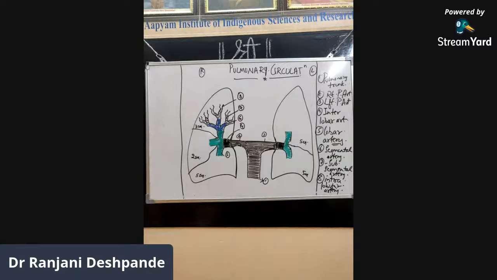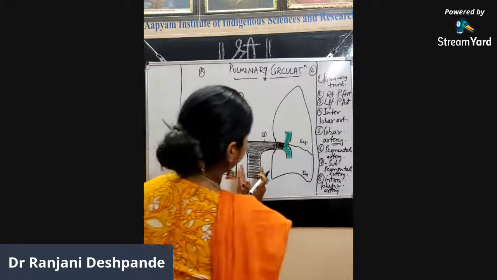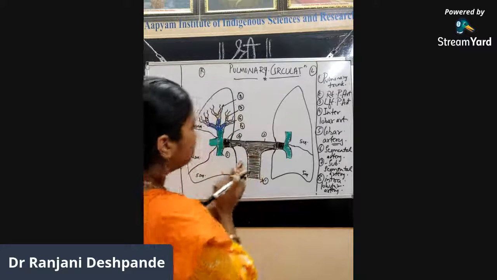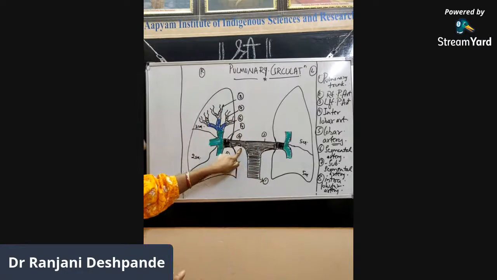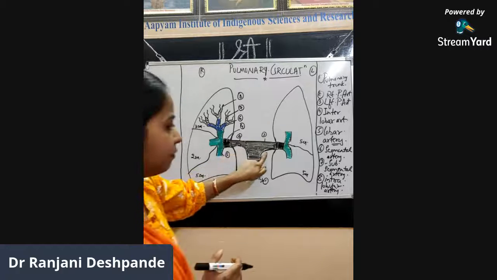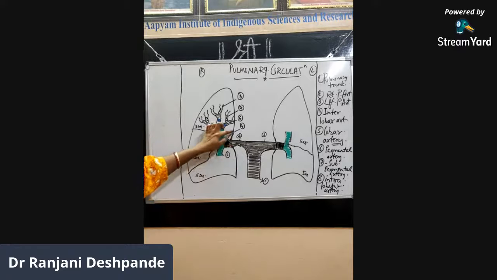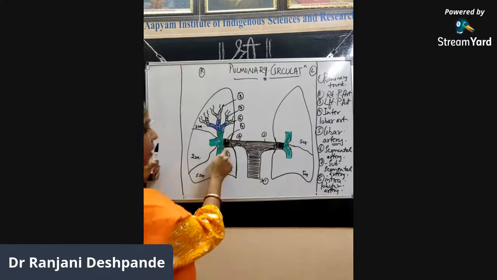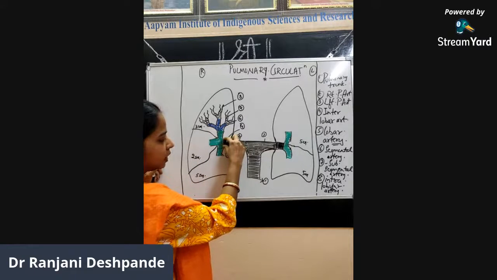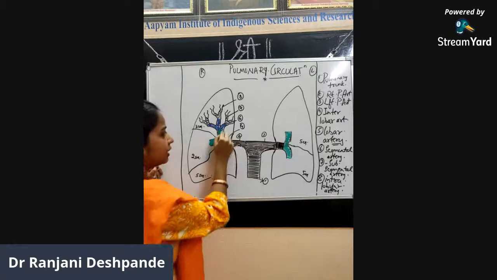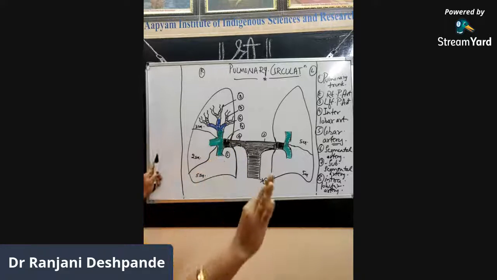So what are they? So first we have the main pulmonary trunk, which is dividing into the right pulmonary artery and the left pulmonary artery. This right pulmonary artery will enter the lung through the hilum, and it will enter for certain distance, and then it will divide into 3 branches.